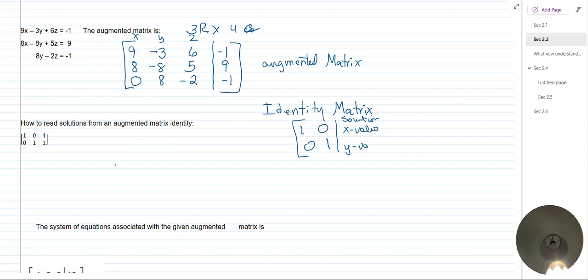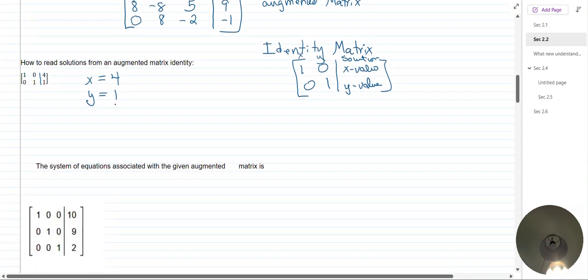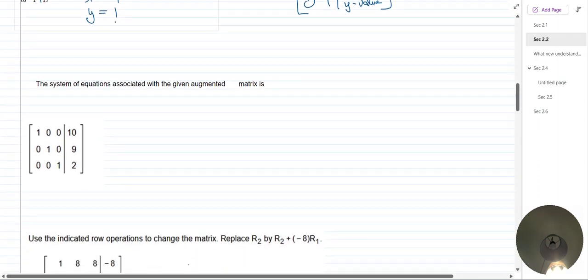Now, if we have 3 columns, well, then we would have x, y, and z. Notice that we have only a 1 on the x column, only a 1 for the y column. So if we're reading this, we know that this is augmented. So x equals 4 and y equals 1.